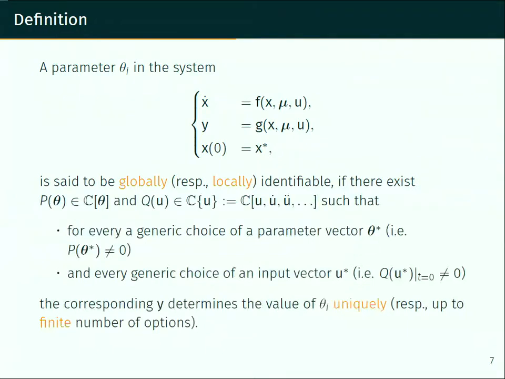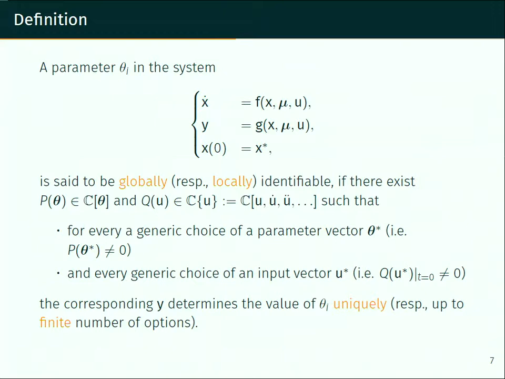So if I can find such two polynomials such that for every parameter vector that is not degenerate and every input vector that is not degenerate in this sense, so the value of this function at 0 is non-zero, then for every such choice, the corresponding y, I will say what this means in a few seconds, determines the value of this parameter uniquely. What does it mean?